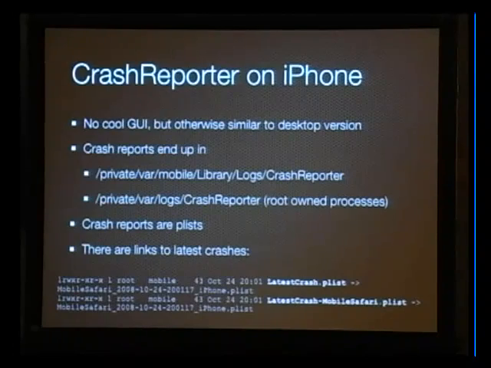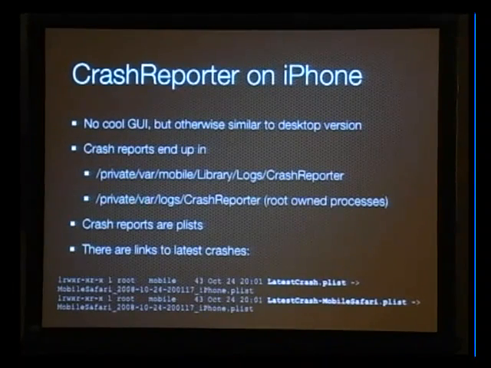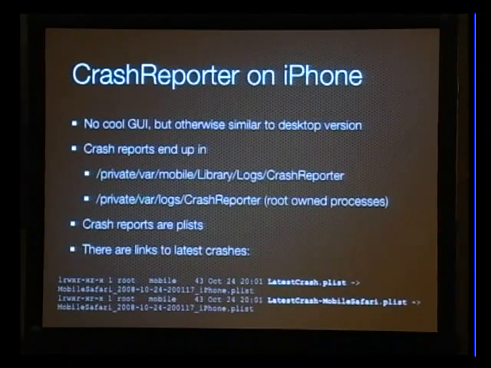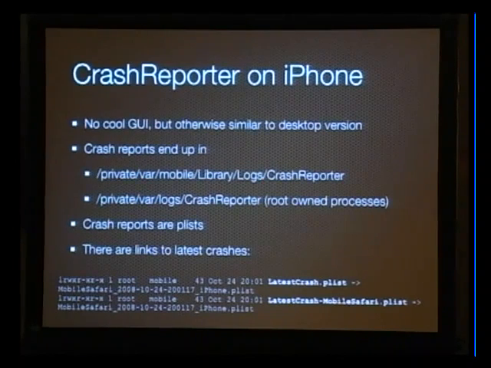Okay, so if you've ever seen any of my fuzzing talks, I always talk about how I love Crash Reporter, because it basically automatically finds when any of your programs crashes and gives you the crash dump for it. Well, there's Crash Reporter on iPhone too. It doesn't have the cool GUI that pops up and makes you feel all proud when you find a bug, but otherwise it's basically the same. So there's these 2 directories that I list here where the crash dumps will show up.